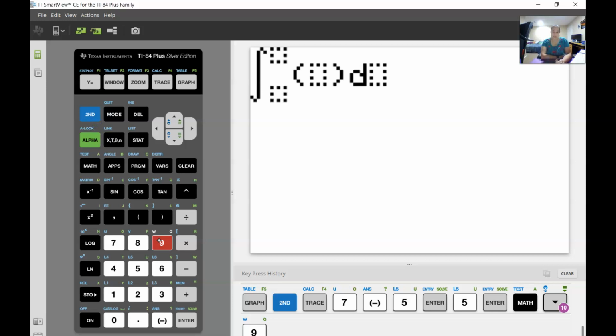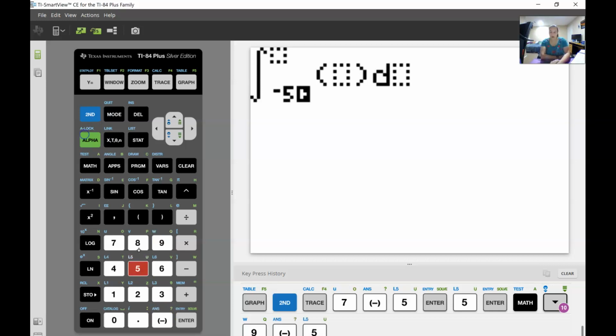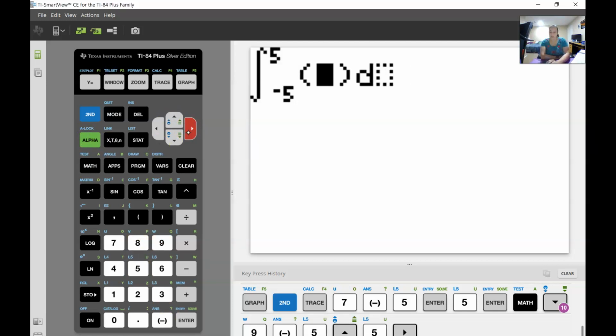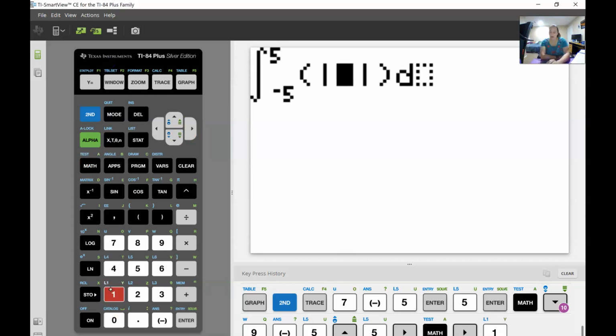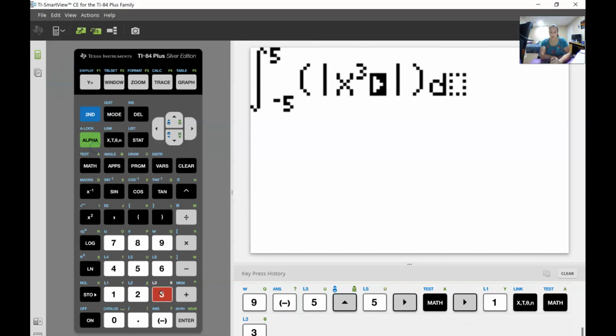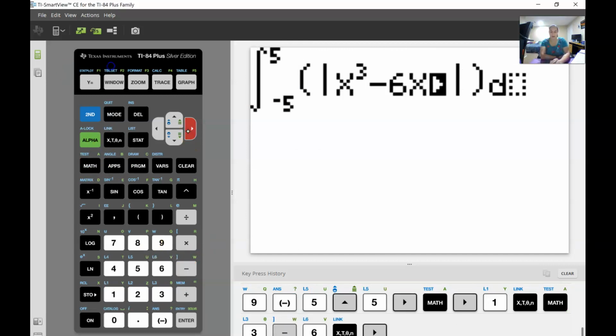And it just gives me an integral right here. So I'm going to type this in from -5 to +5. Here's my equation. So I want absolute value of x cubed minus 6x, and this is going to be dx. And then I hit enter.